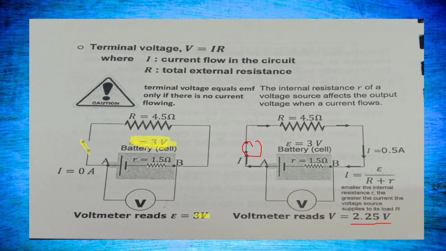This shows the internal resistance of the voltage source affects the output voltage when a current flows in this circuit. So this shows that there is an internal drop in potential difference in this circuit.